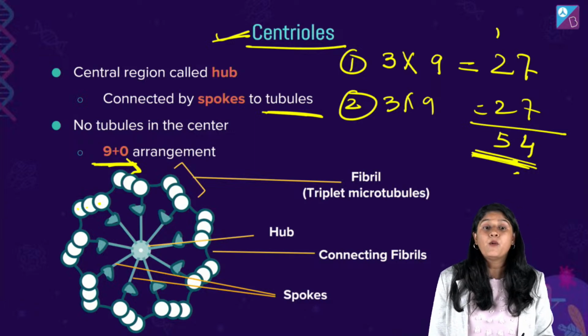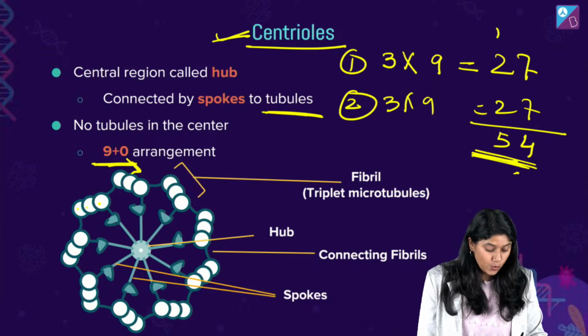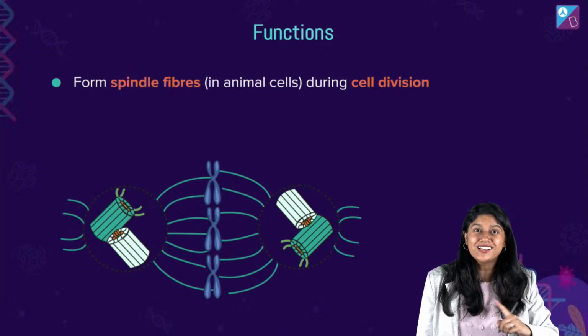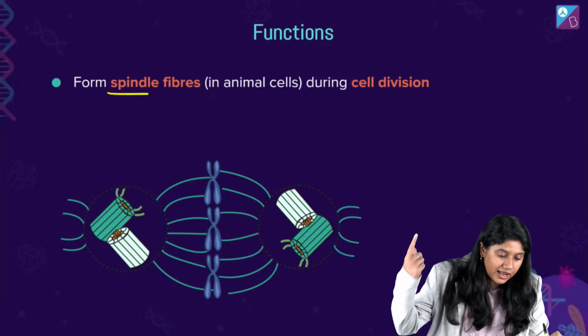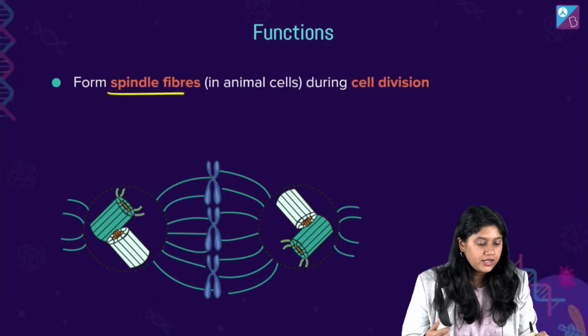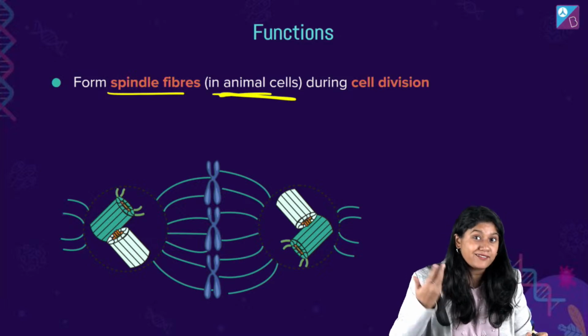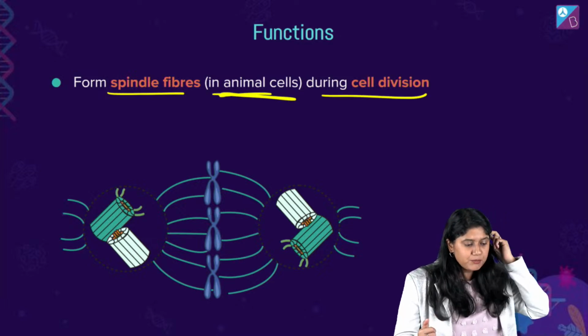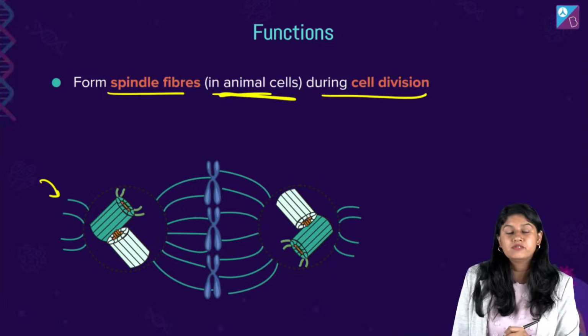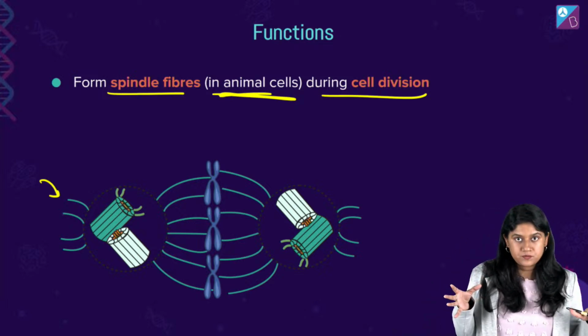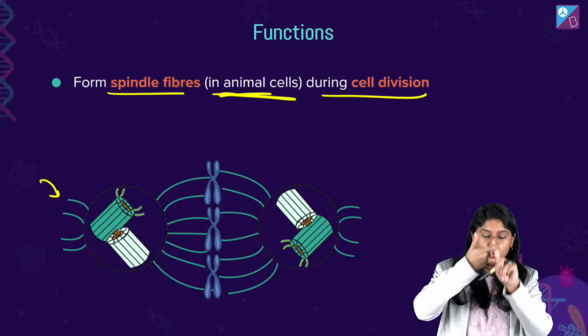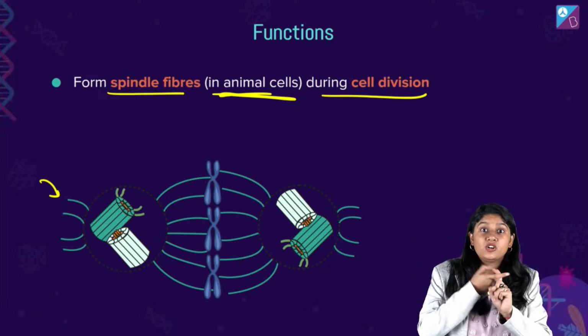Okay. Now what is the main function of it? We all know that the main function of the centriole is during the cell division. They help in the formation of the spindle fiber, especially in the animals because they're there in the animal cells and they play a very important role in the cell division. तो centrosomes, right? किसका बना है? दो centriole का. Centriole का क्या function है?